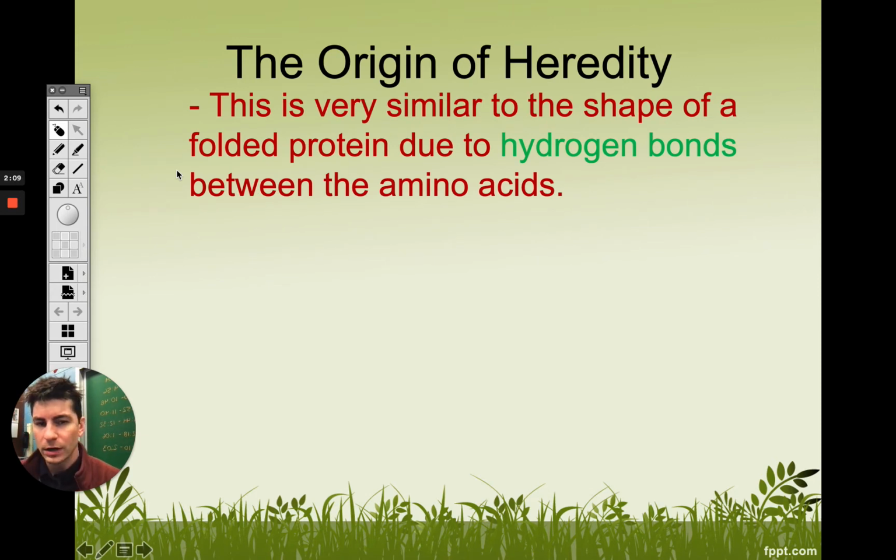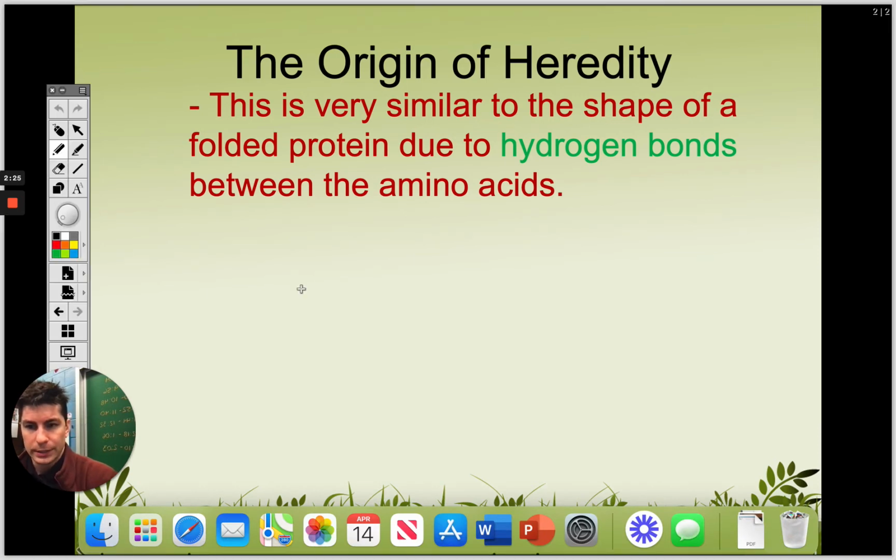Well, what causes that clover to stay together? Why isn't it a long string? Well, it's not just a long string of nucleotides for the tRNA because we have hydrogen bonds in between our nucleotides.